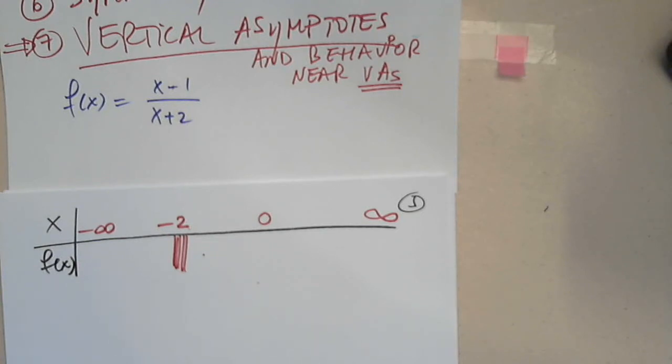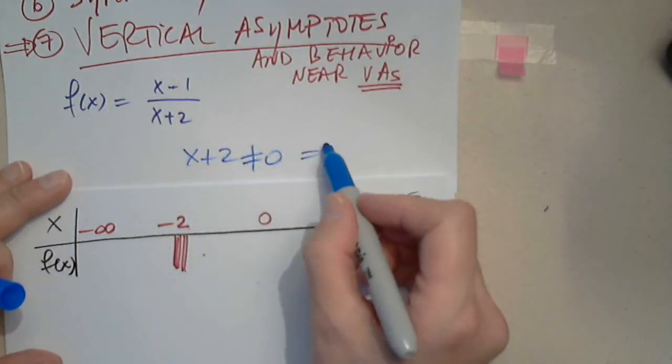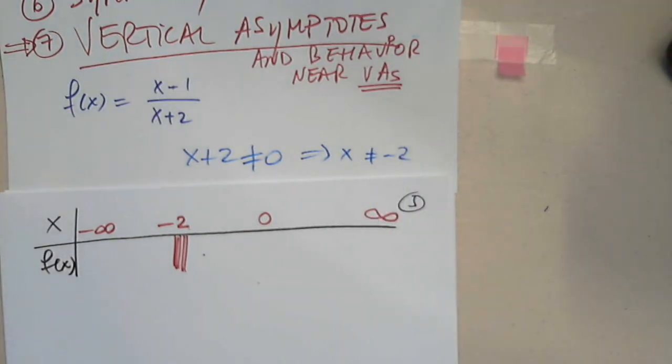Okay? Yes? Yeah, I have no idea. I'm just going to watch you do the problem and see if I understand it better. x plus 2 can never be 0, so x cannot be negative 2.